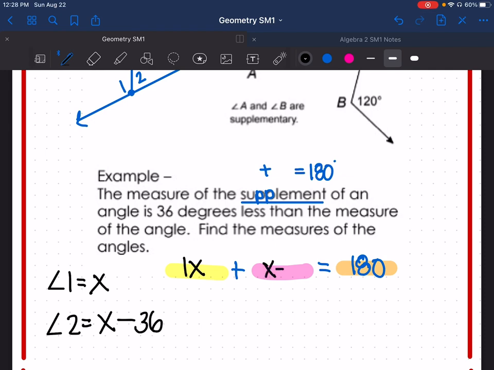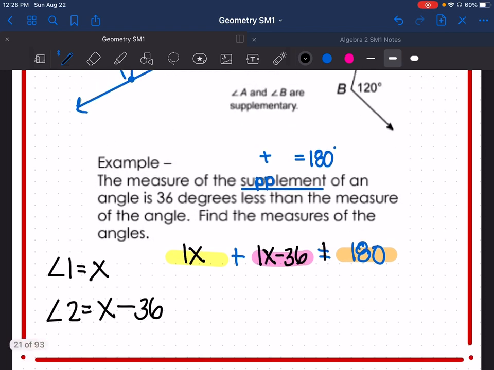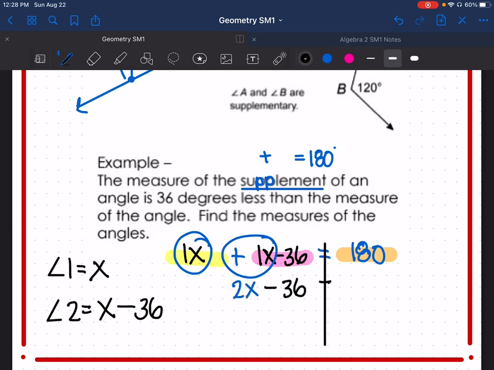So x minus 36. Remember, there's an invisible 1 with it once again. We're ready and we can go ahead and solve. I'm going to combine my like terms because there is no distributing to do. 1 plus 1 would be 2x, and then I have my minus 36 equals 180.